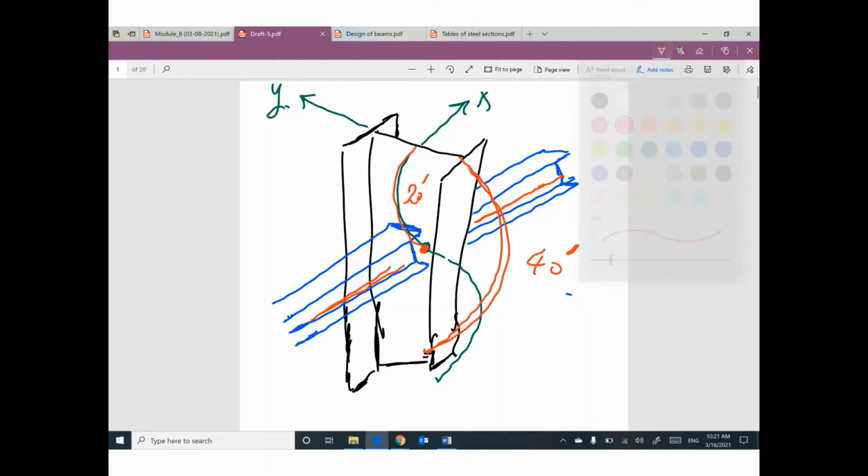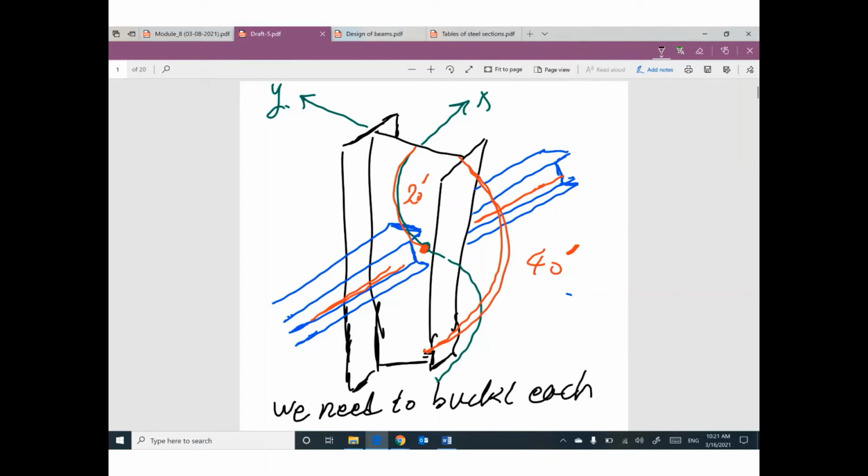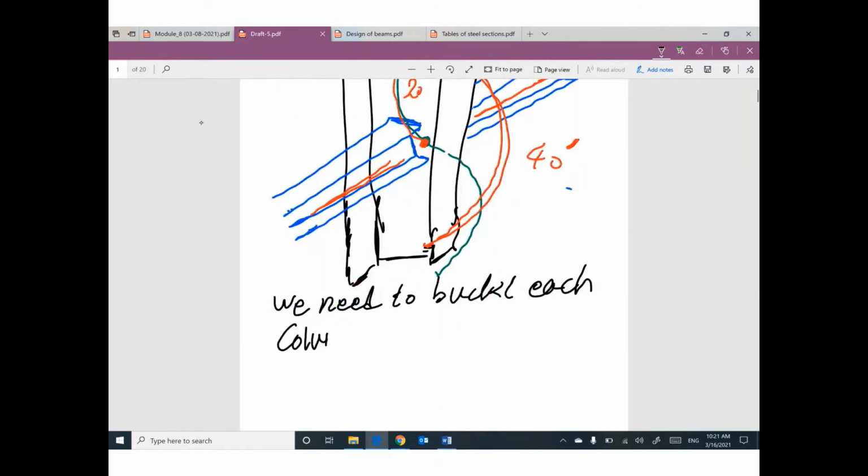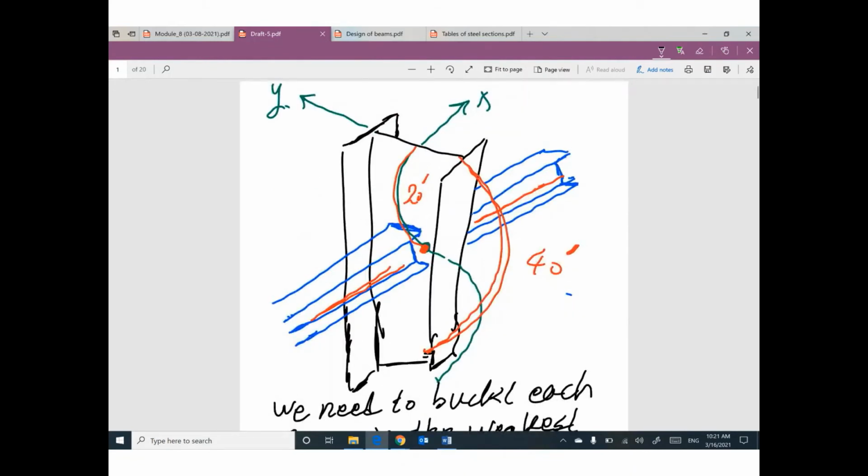So we need to buckle each column in the weak or weakest direction. I think this column is very weak around this direction, so I force it to buckle into double curvature.